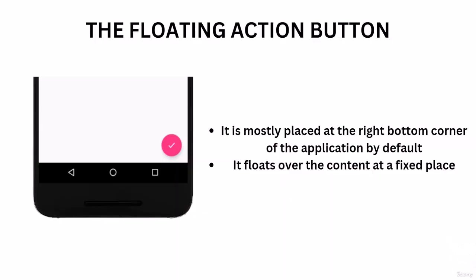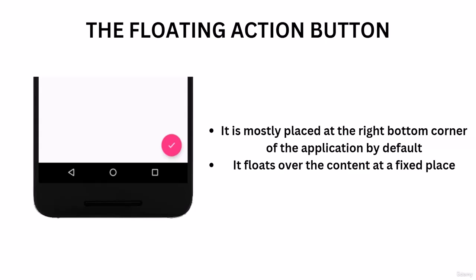In your mobile phone, you must have seen that while using different kinds of applications, you have a small icon on the right hand side bottom corner of your phone. There you might have an option of adding something, or you might have a tick.